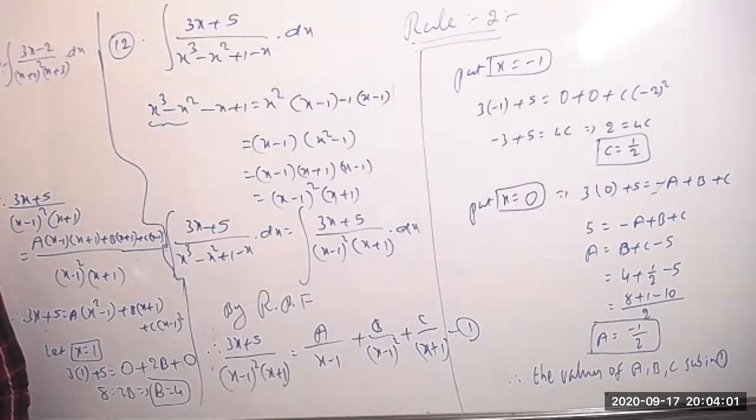Anyone got the answer? So minus 1 by 2 log modulus of x minus 1 minus 4 by x minus 1 plus 1 by 2 log modulus of x plus 1 plus c. Okay, tell me one more time. So minus 1 by 2 log modulus x minus 1 minus 4 by x minus 1 plus 1 by 2 log modulus x plus 1 plus c. Yes, correct.